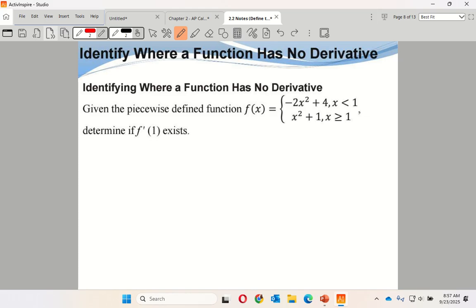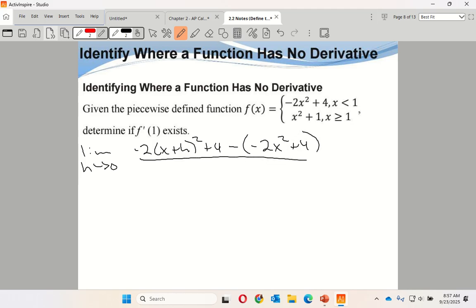So that's going to give me the limit as h approaches 0 of negative 2 times quantity x plus h squared plus 4, minus quantity negative 2x squared plus 4, all over h.